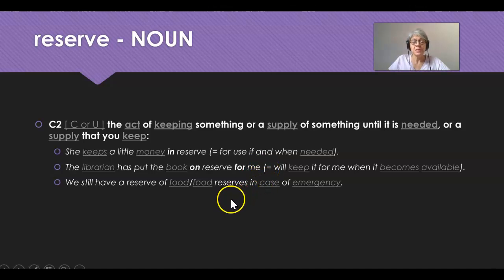At the moment, I think many families in our neighbourhood have a reserve of toilet paper, or they have toilet paper reserves in case of emergency. So reserve can also be a noun.